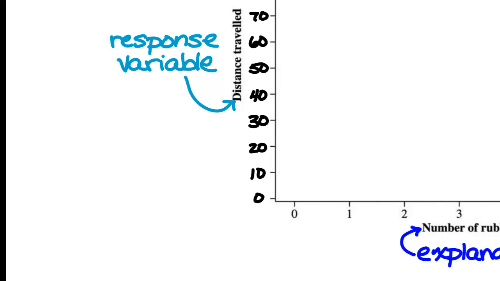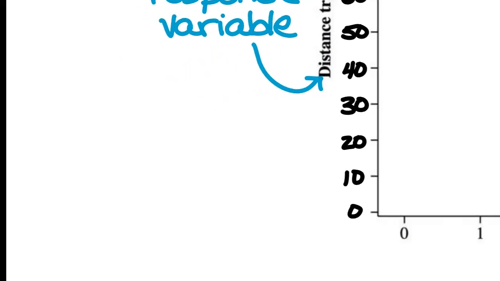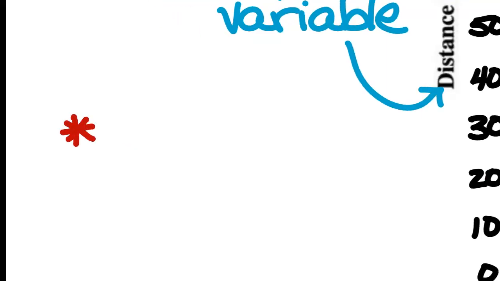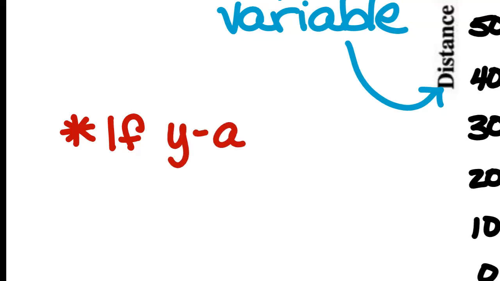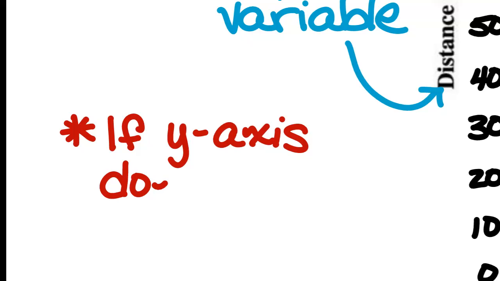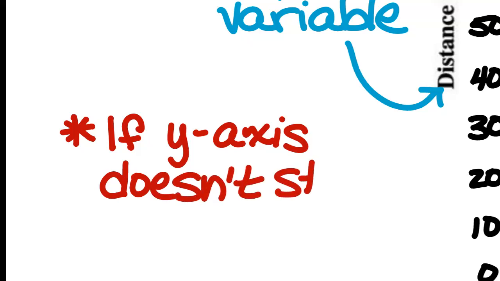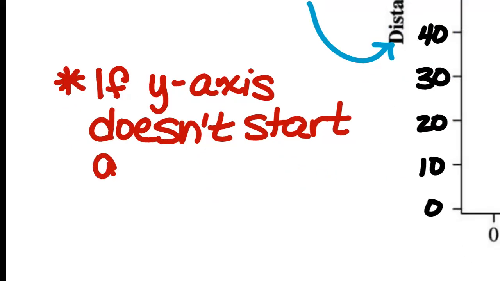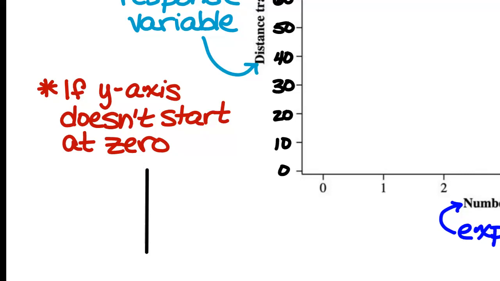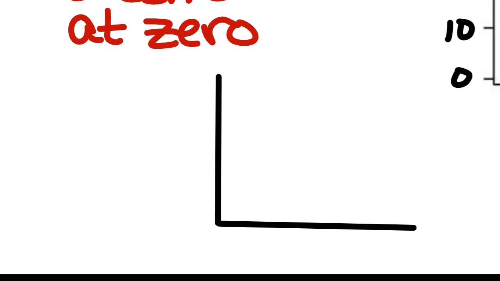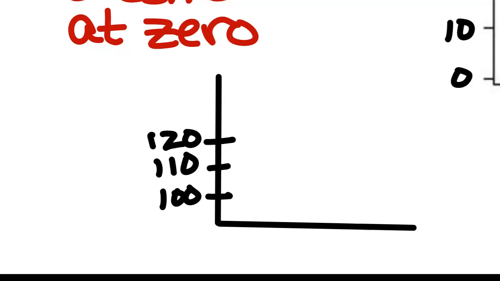Kind of a side note before we go any further here. When you're making a scatter plot, if the y-axis doesn't start at 0, say I was measuring something else and my data doesn't really start until I get to 100, but then I need to count by tens after that so that I can see my data.